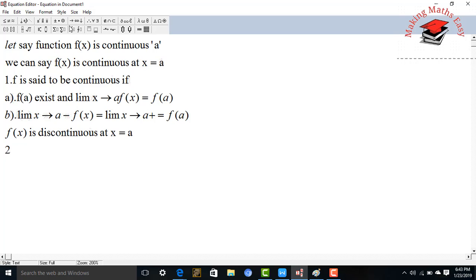So the second property is, if function f is such that f of x and f of a both exist, and lim of f of x is equal to f of a, then it is continuous.